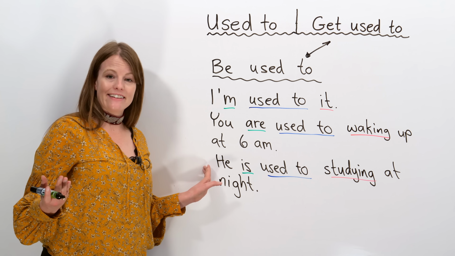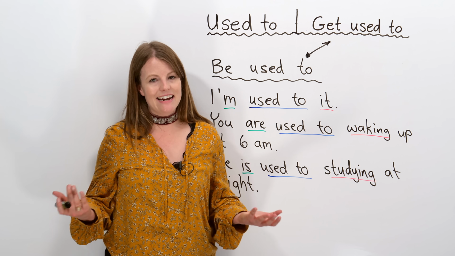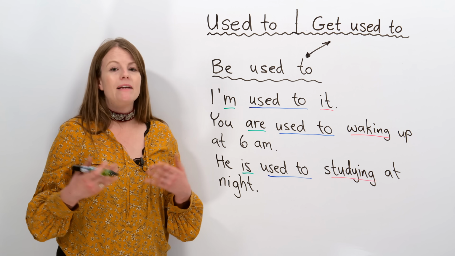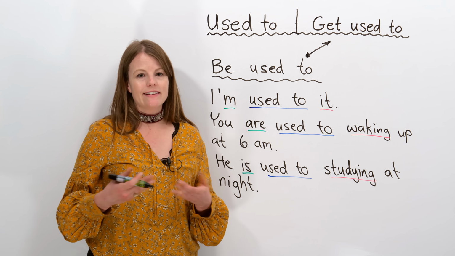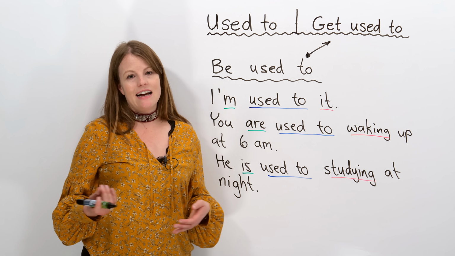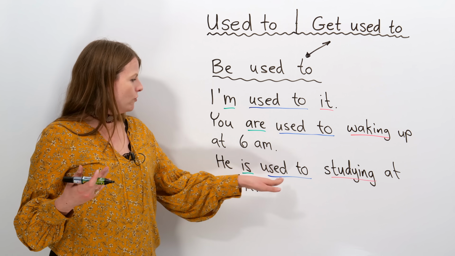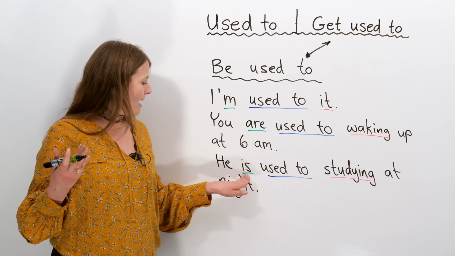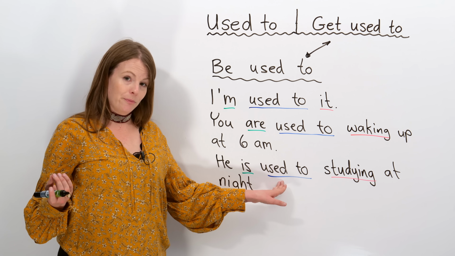Okay, let's look at another example. He is used to studying at night. So this means this man, he is accustomed to studying at night. It's normal for him. He is used to studying at night. So we have here our be verb, is. Then we have used to.